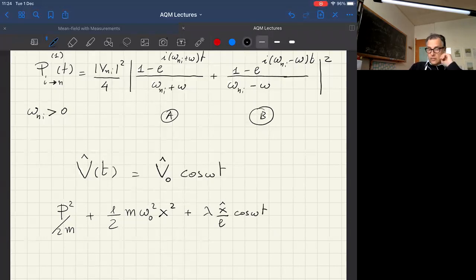So this is H0, the Hamiltonian of the harmonic oscillator. And then I'm just putting a force, or a potential, which is coupled to the position, but the coupling is changing with time in a periodic fashion.